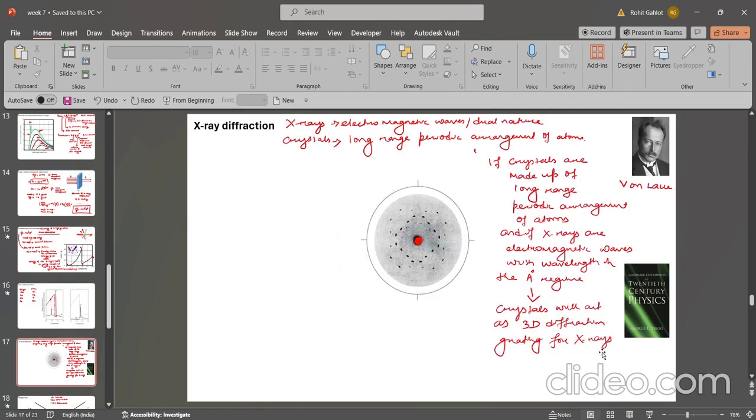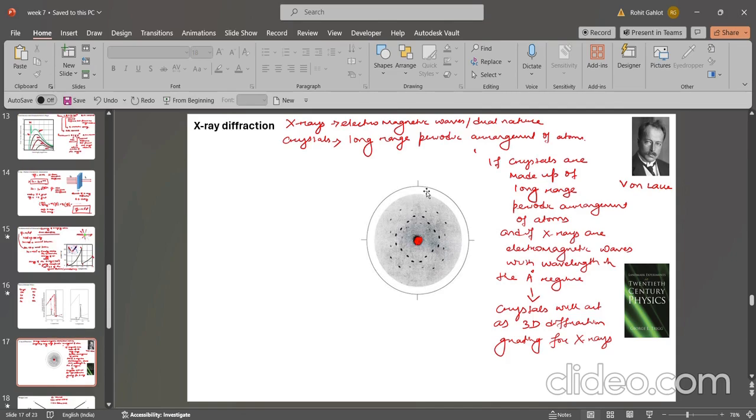So X-rays are electromagnetic waves with a dual nature. Crystals are made up of a long-range periodic arrangement of atoms, and X-rays are electromagnetic waves with a wavelength in the angstrom region. Then crystals will act as a 3D diffraction grating for the X-rays. These are your crystals.